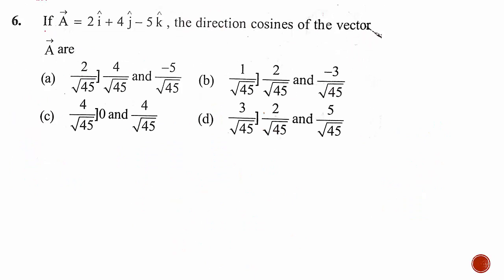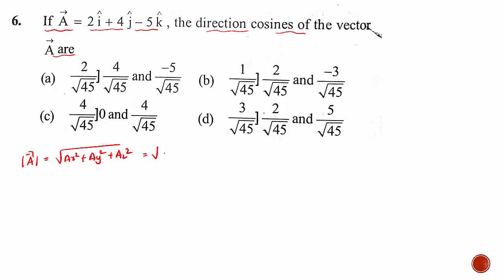Sixth one, if vector A equal to 2i cap plus 4j cap minus 5k cap, the direction cosines of the vector A are. Yes, we already studied direction cosines of a vector. So we can use directly that equation. Vector A is given. So I can write mod of vector A, magnitude. Magnitude means we can take it as square root of ax square plus ay square plus az square.